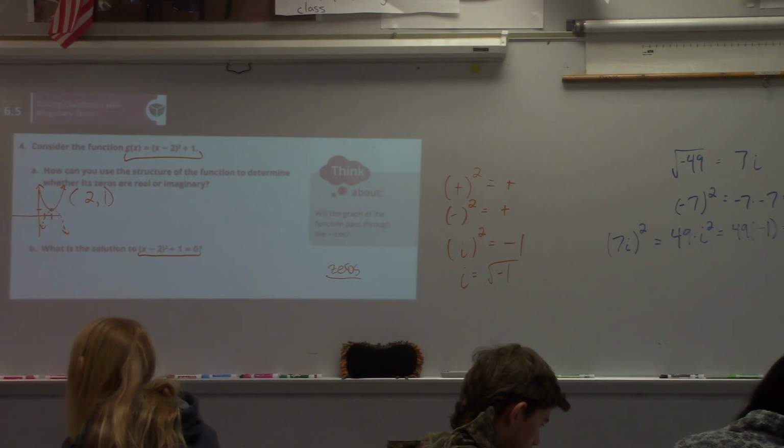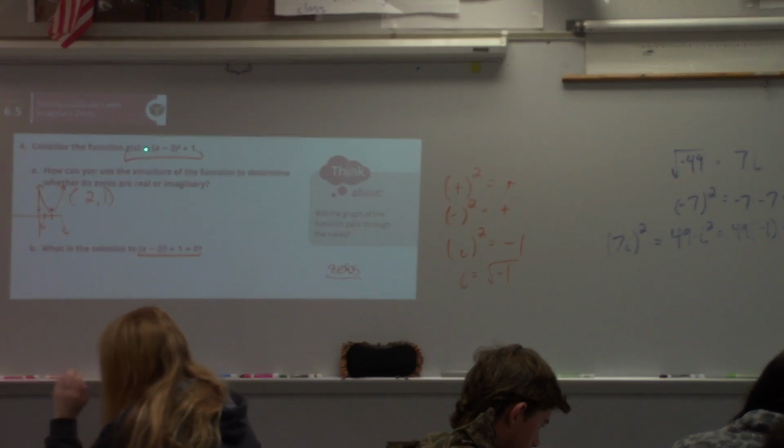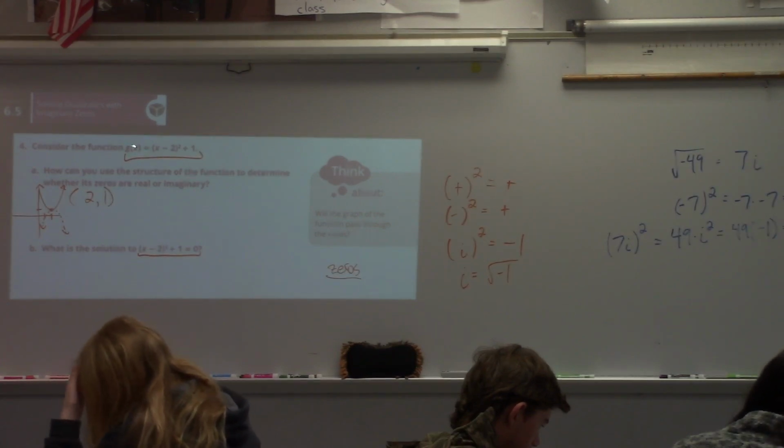Why are we talking about zeros? What is 0, I guess, is the better question. We have (x - 2)² + 1. It was equal to what? g(x). So what became 0?